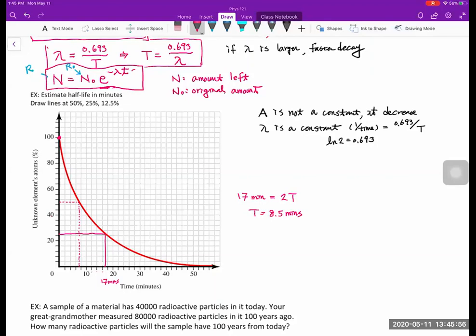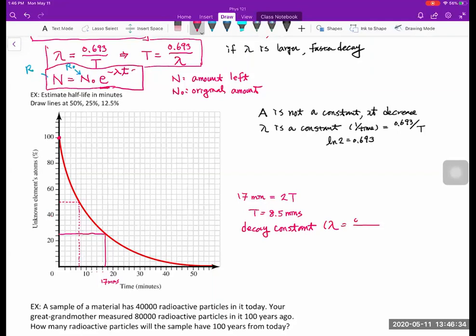Question about this part? If I give you this graph and ask what my decay constant is, how do you find it? What is the symbol we use for the decay constant? Yes, it's lambda.